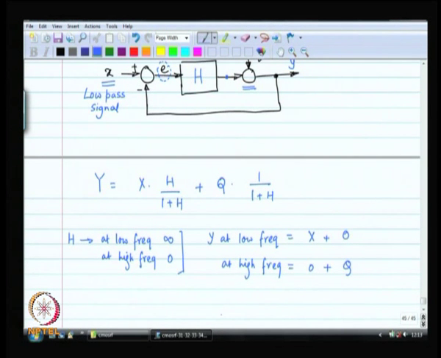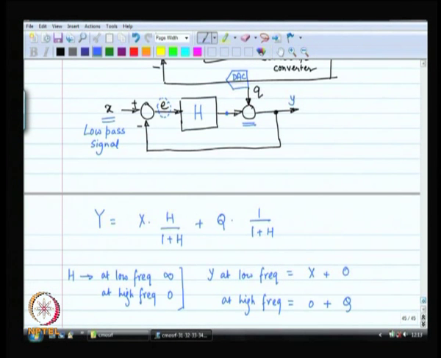Very interesting. So, you added quantization noise and this quantization noise is shaped in the frequency domain and is pushed towards high frequencies, whereas at the low frequencies you are stuck with the signal. It is wonderful, right. So, this is the idea of the sigma delta converter, where this name is coming from.